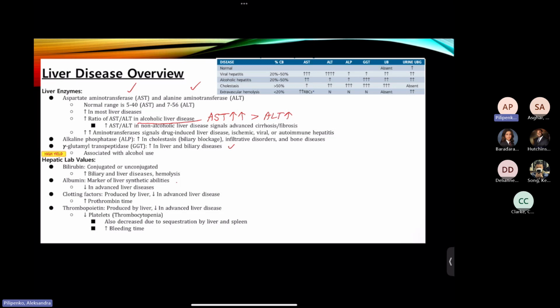If we have bleeding, like high prothrombin time, clotting factors are not able being produced by liver. Again, think liver pathology, right? And platelets. And this is just like a summary of some of the liver enzymes in different diseases.